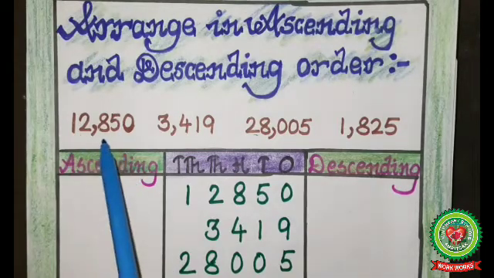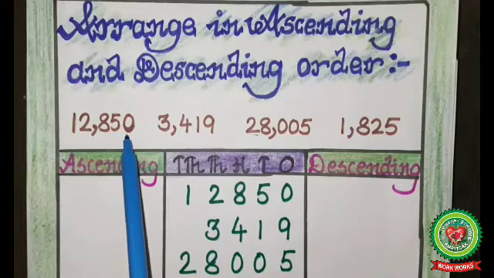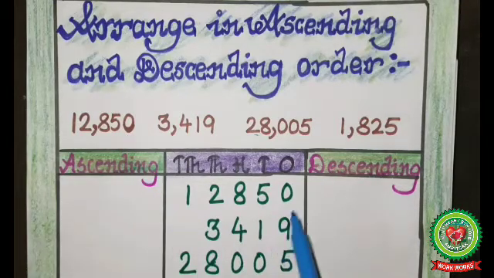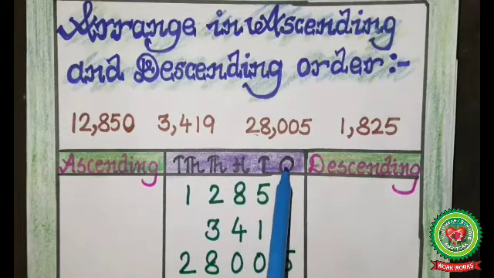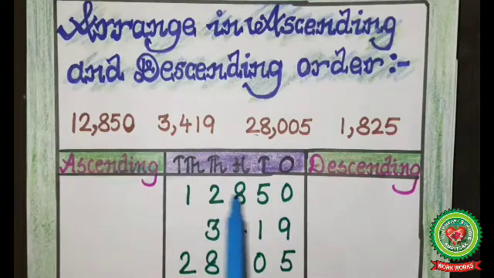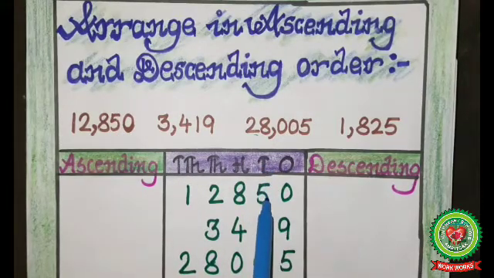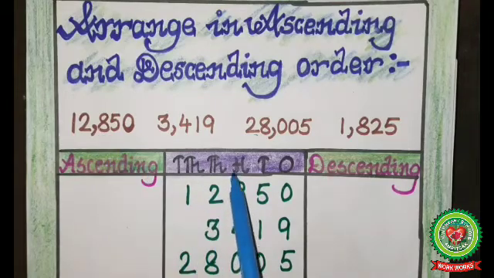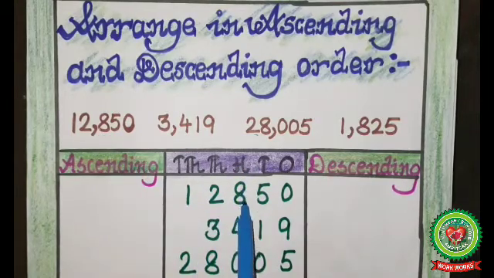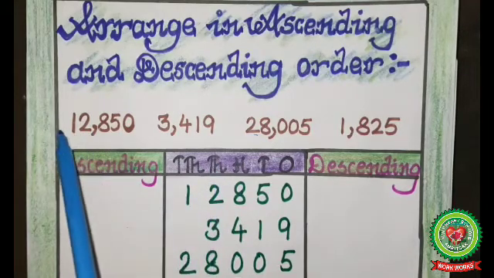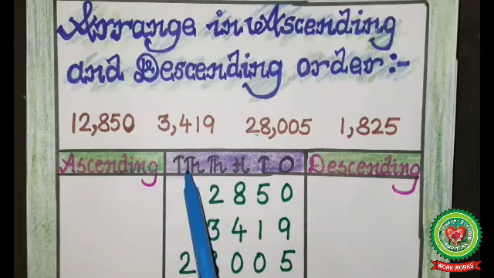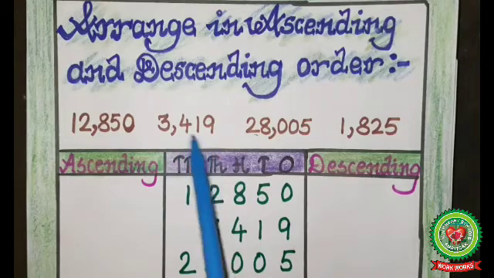While arranging the number, we will always start from the back and we will start setting from ones place. 0 will come at ones place, 5 at tens place, 8 at hundreds place, 2 at thousands place and 1 at 10,000 place.